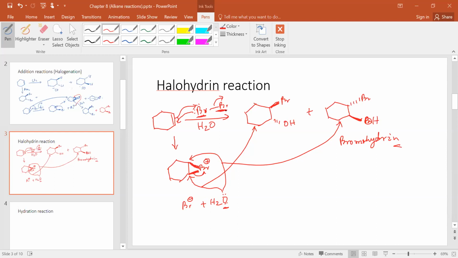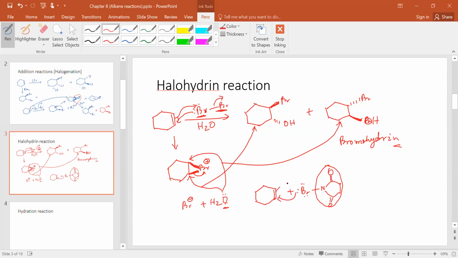If we use the same with N-bromosuccinimide, a similar reaction will happen. See here, this part as a whole acts as another bromine atom. It leaves.